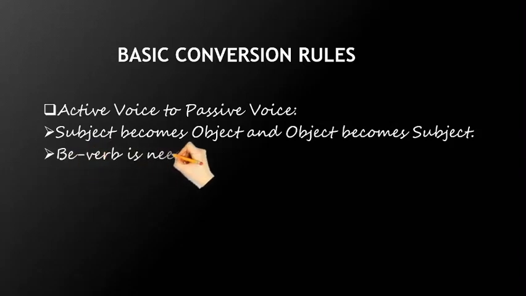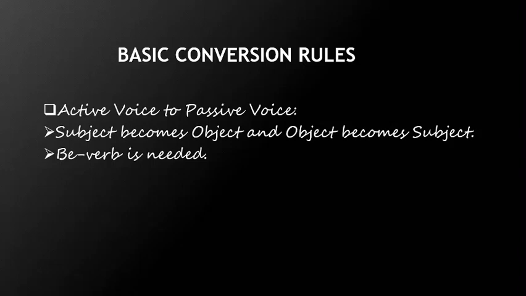Then we have the second rule, which is that a be verb is needed. Even in this sentence, see the twist. Subject becomes object and object becomes subject. This is in active voice because you see the verb becomes is used in an active manner. But in the second rule, be verb is needed.